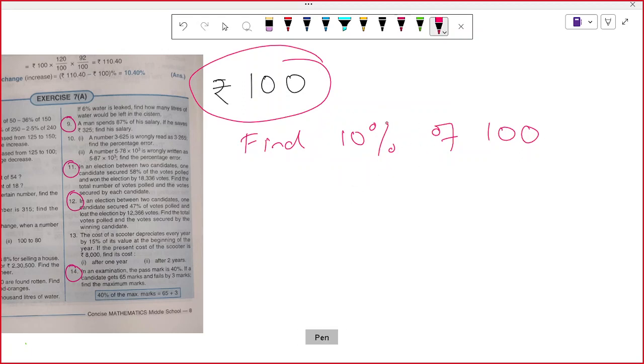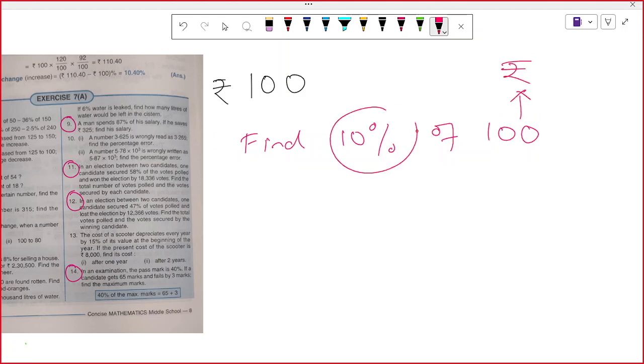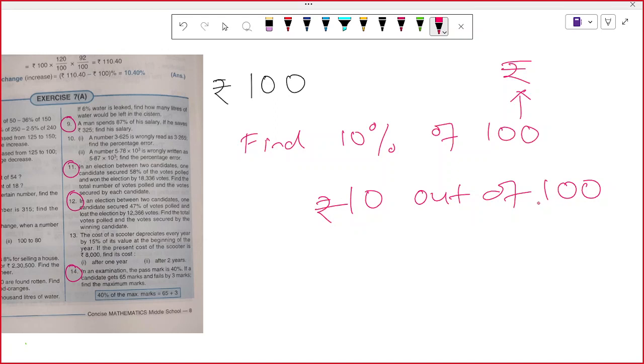Okay, look here. The question is asked in percentage. This is cost price in rupees, and this is in percentage. Instead of 10%, if I ask 10 out of 100, what is 10 out of 100? 10 rupees out of 100 rupees, right? For example, you spend 10 rupees out of 100 rupees.